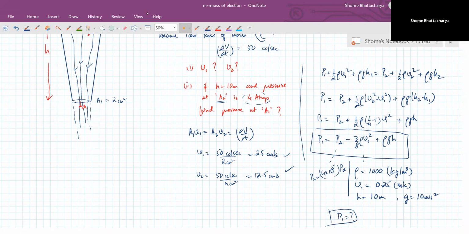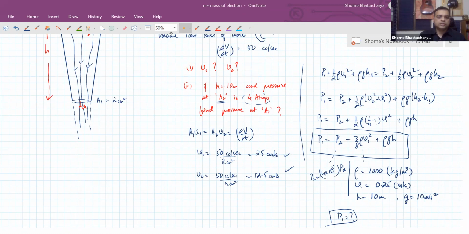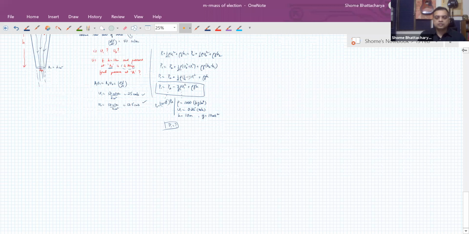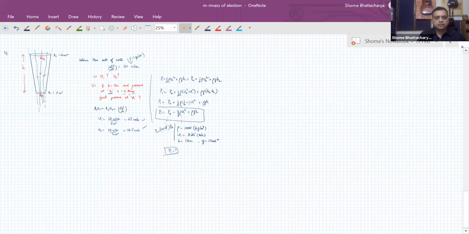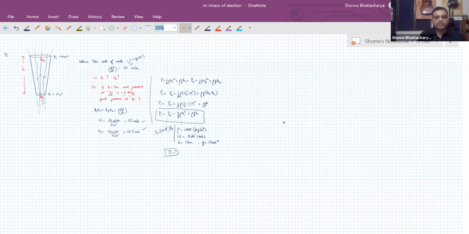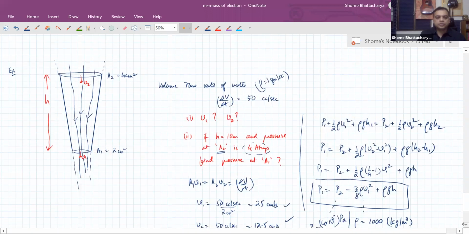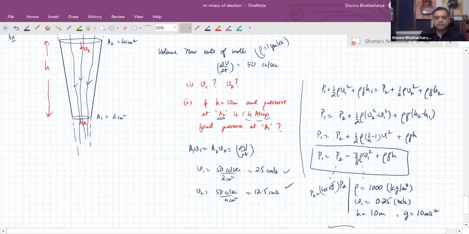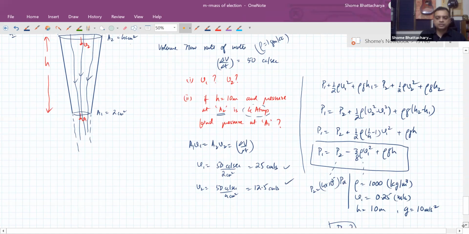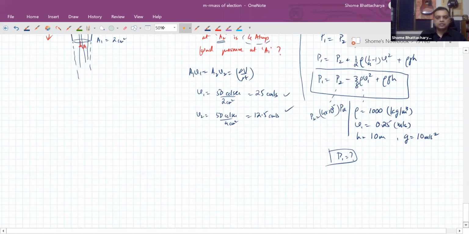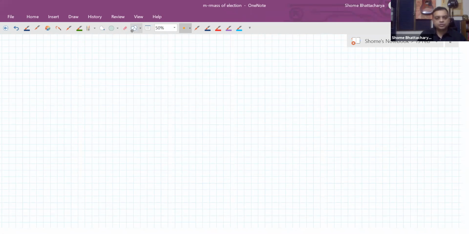So this is about the standard application of Bernoulli's equation and continuity equation. So now, for example, the most common derivation done using Bernoulli's equation and continuity equation is the derivation of the velocity of efflux concept. This is a standard formula you should know.